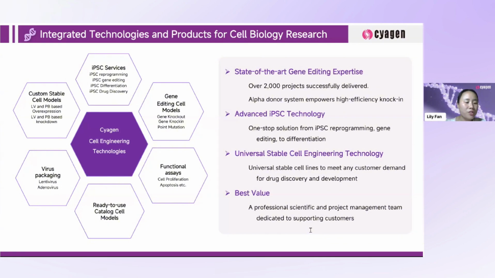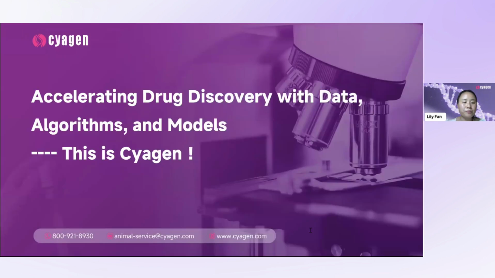The alpha-donor system enables high-efficiency knock-in applications. The advanced iPSC technology provides a one-stop solution. The universal stable cell engineering technology can meet any customer demand for drug discovery and development. Additionally, Cyagen provides the best value service for our customers.